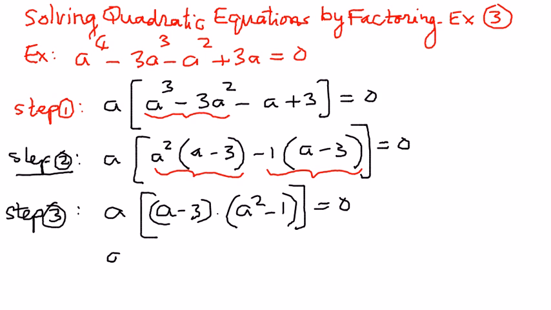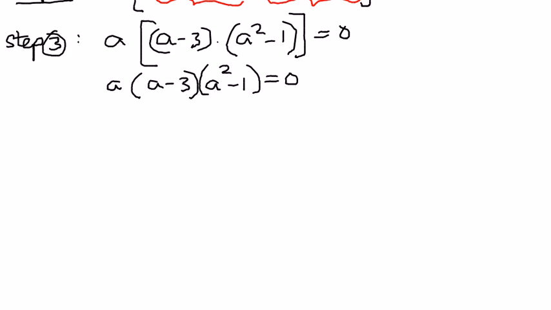So we can write this as a times a minus 3 times a squared minus 1 is equal to 0. Now we are looking at a squared minus 1. We can factor that some more, and I'm going to write that on the side here. A squared minus 1 can be written as a squared minus 1 squared, since 1 squared is still 1.